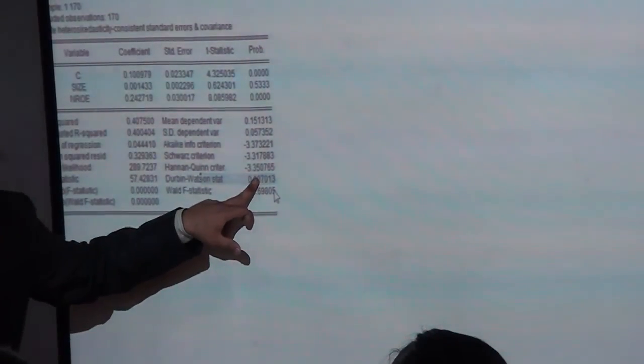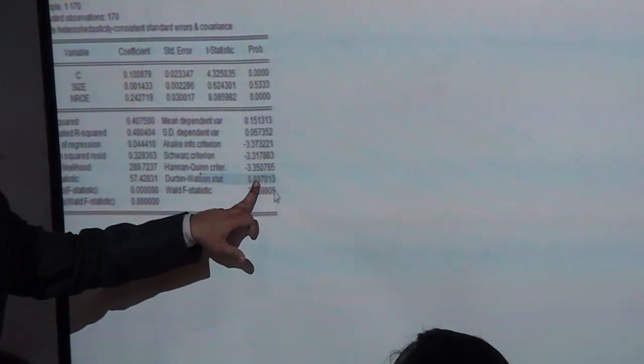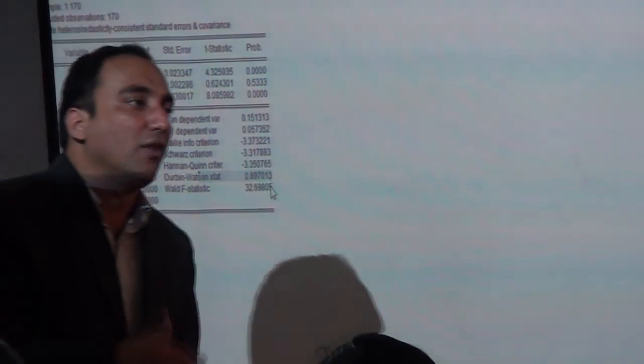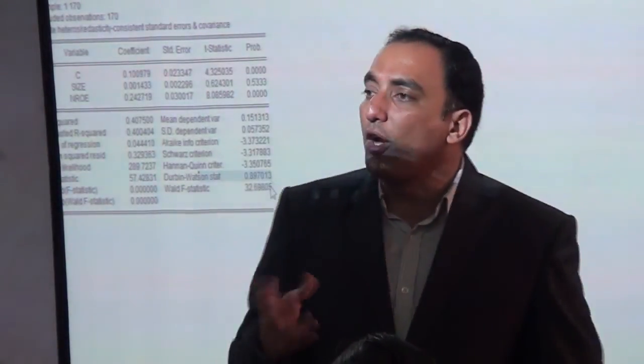The Durbin-Watson statistic should be near to 2. Is it near to 2? No. It is very far from 2. It is 0.89. If your Durbin-Watson statistic is 2, 1.9, 1.8, 2.1, 2.2, something in that range, it means there is no autocorrelation. But if it is like 1, or 3, 4, 5, or 0.2, 0.3, it means there is autocorrelation.